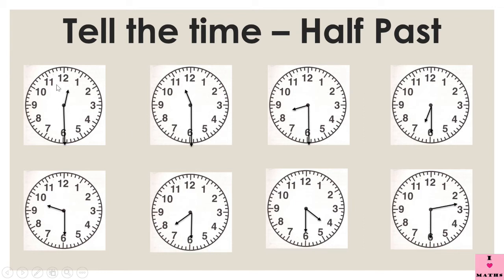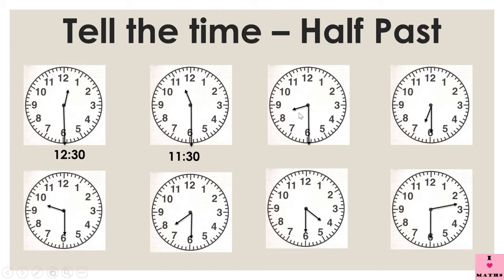So here our hour hand has crossed 12, so we call it half past 12, and we write it as 12:30. Here the hour hand has crossed 11, and we call it half past 11, or write it as 11:30.